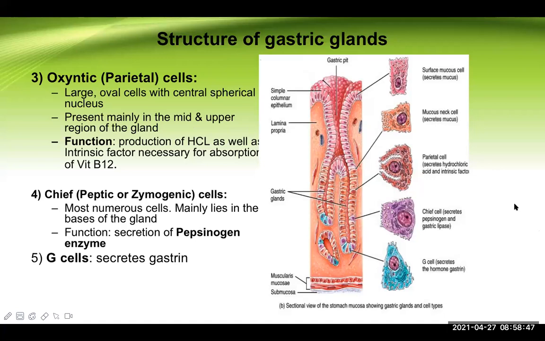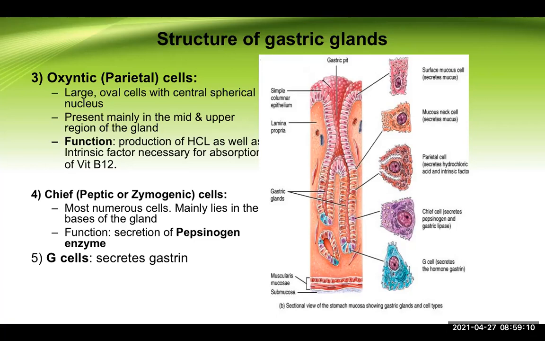So if somebody asks you what the functions of the stomach are, you can remember like this. The basic functions are secretion of hydrochloric acid, the important one, then secretion of intrinsic factor, secretion of pepsin, and secretion of gastrin. These are the different enzymes or hormones released by the stomach.